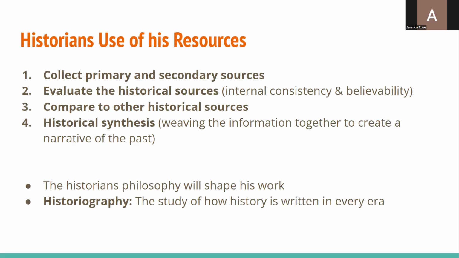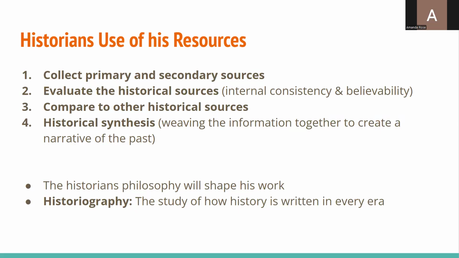So it's going beyond stating what happened, it's explaining why it happened and how it remains significant even to this day. Once the historian has completed all the steps, evaluation, synthesis, and interpretation, his work is ready to be studied and critiqued, and perhaps received by those who desire to know more about the subject that he's worked on.